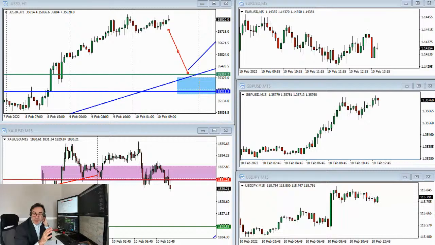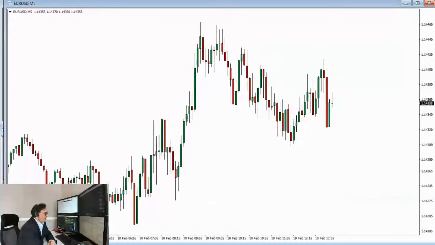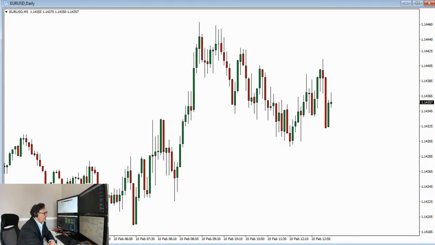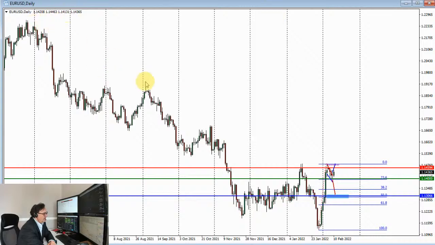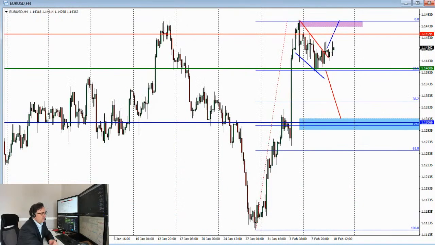I have a stop on my euro dollar. I'm bearish euro dollar, and I would like to see euro dollar dip below 1.14. Let me show you the trend. This is the major level of interest. High, lower high, lower high, lower high. This looks like a potential breakout or a fake out, a false breakout. These types of patterns have the tendency to break to the upside, which they did.